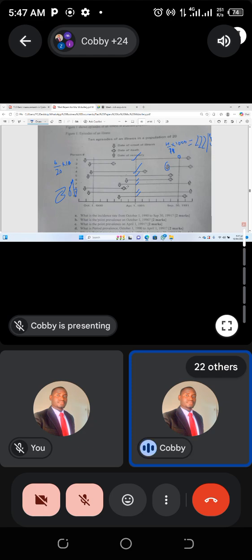So the second case and case number 8 are going to be removed. So at this time, the point prevalence is going to be 7 out of 18.